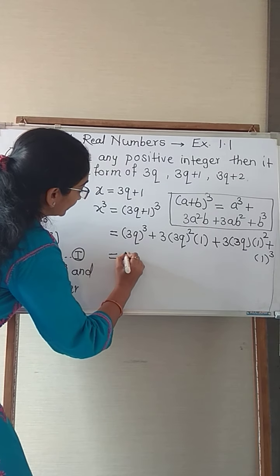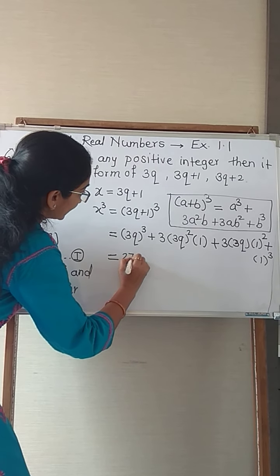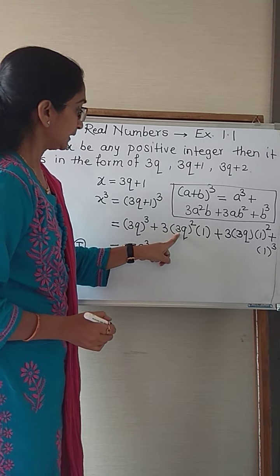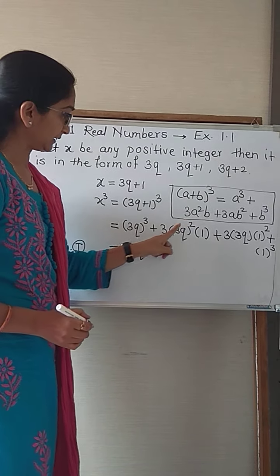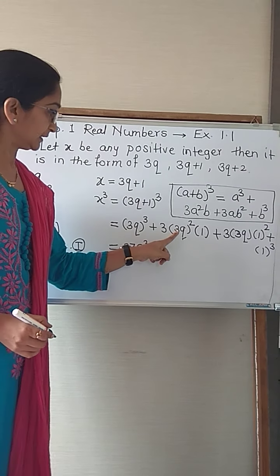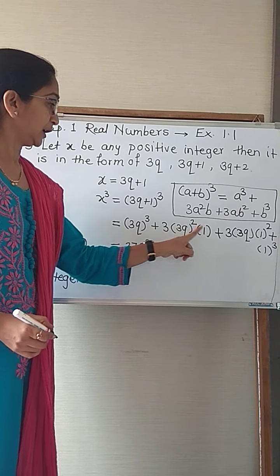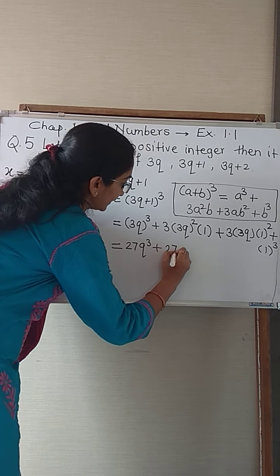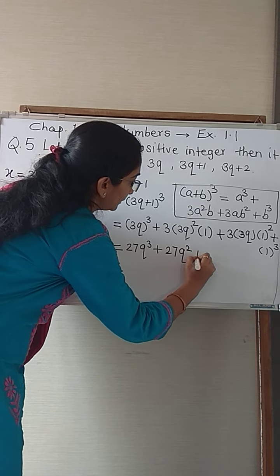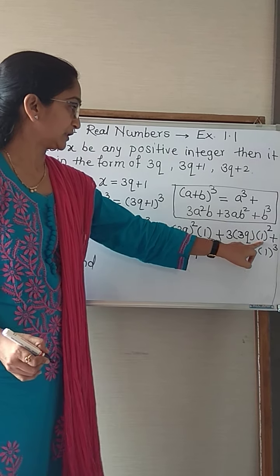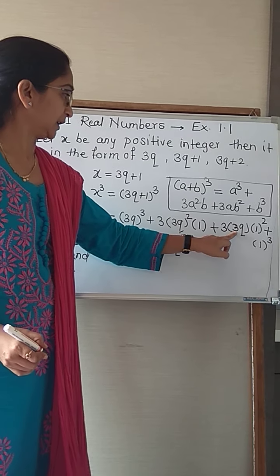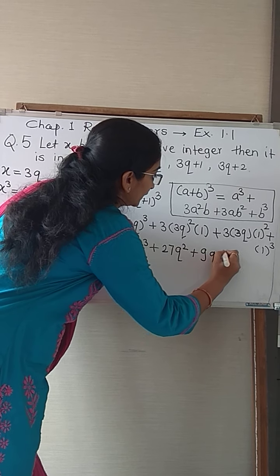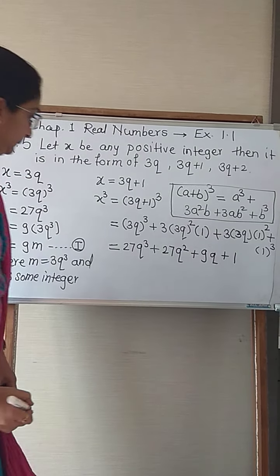So in the next step, 27q cube plus 3 into (3q) square, that is 9q square, 9 into 3 into 1, that is 27q square, plus 1 square is 1, 1 into 3, that is 9q, plus 1 cube is 1.